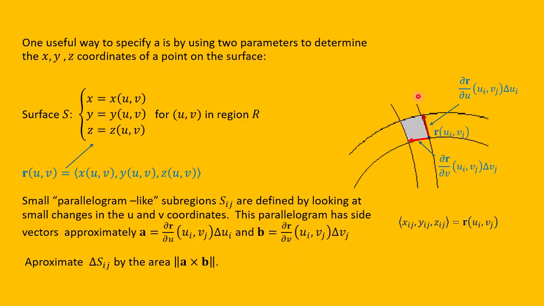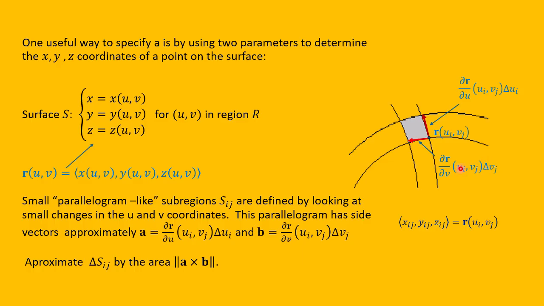Then, by the approximation that we saw before, this vector is approximately the partial derivative of r with respect to u at that point times delta u sub i. This vector is approximately the derivative of r with respect to v at that point, a vector multiplied by the scalar delta v sub j.